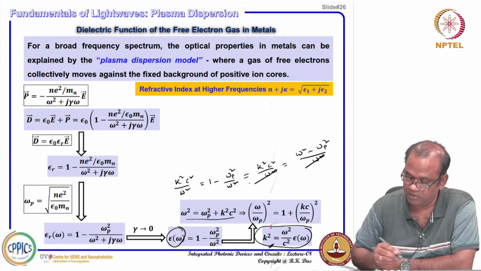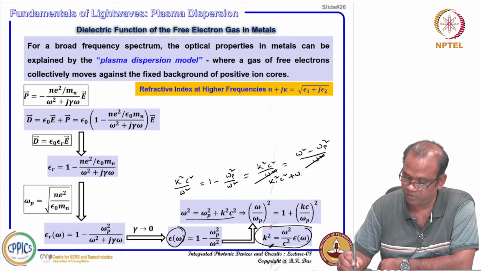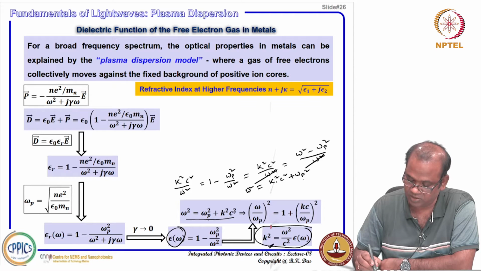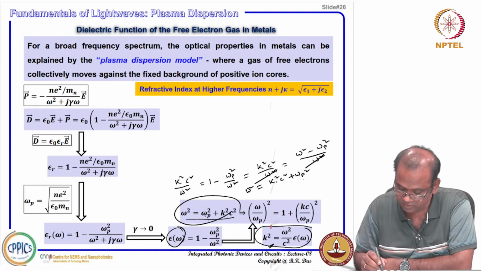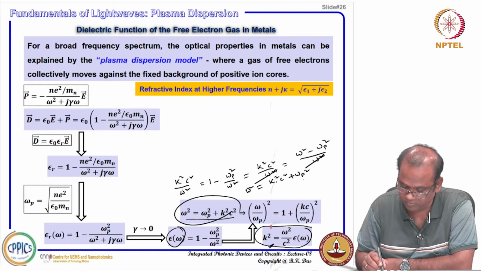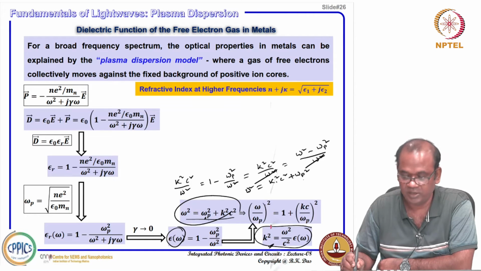The omega square cancels, and then k square c square plus omega p square equals omega square. That is the expression I have written here. Okay. And if you normalize by dividing by omega p square, you get omega over omega p, whole square, equal to 1 plus k c over omega p, whole square. That is the expression I get.